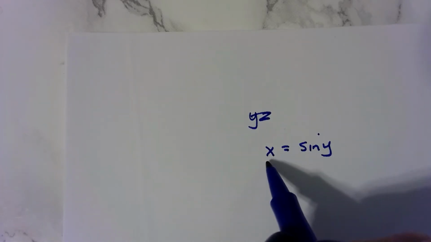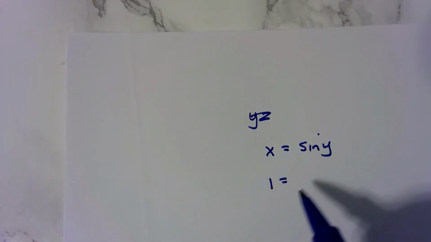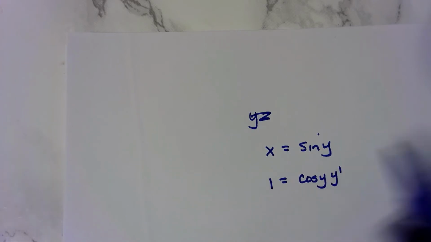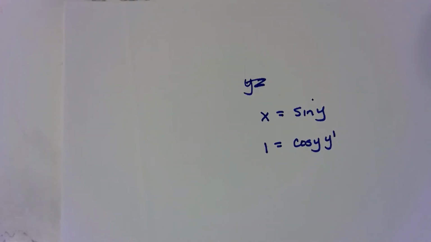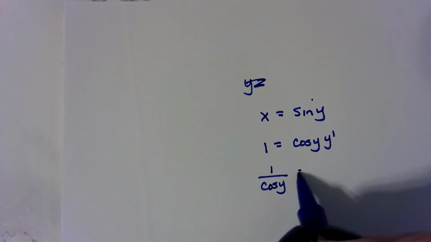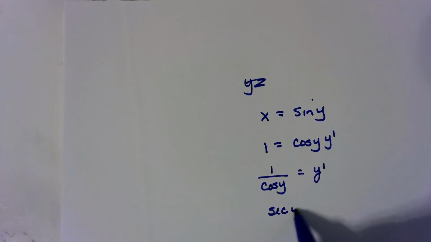If I differentiate the left side, I get 1. If I differentiate the right side, the derivative of the sine is the cosine of y times y prime. And now I have to solve for y prime, and that's easy. If I divide both sides by the cosine of y, I get y prime, and 1 over the cosine of y is the secant of y. You're done.